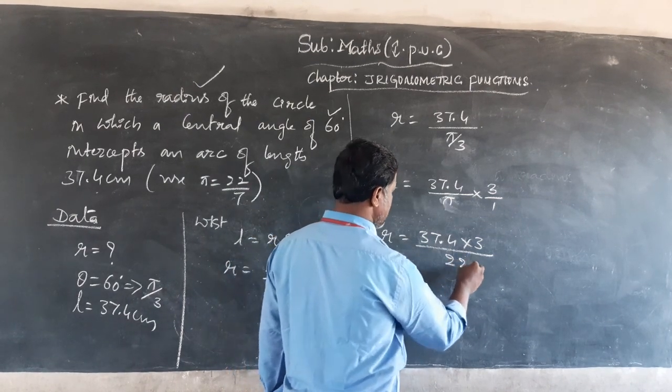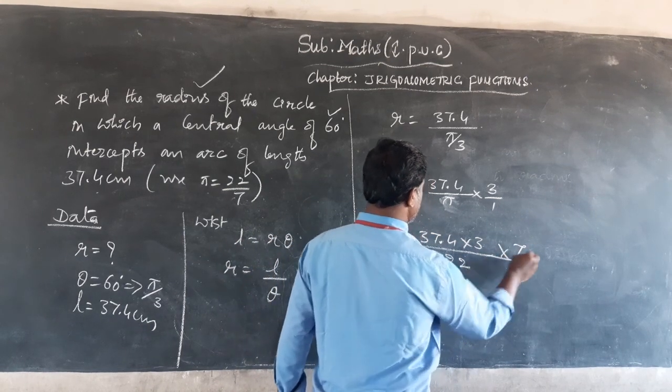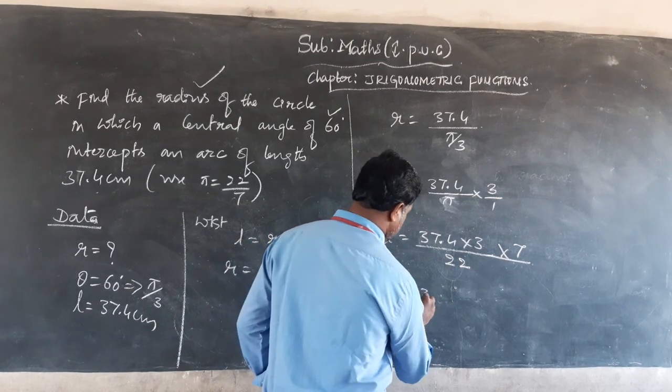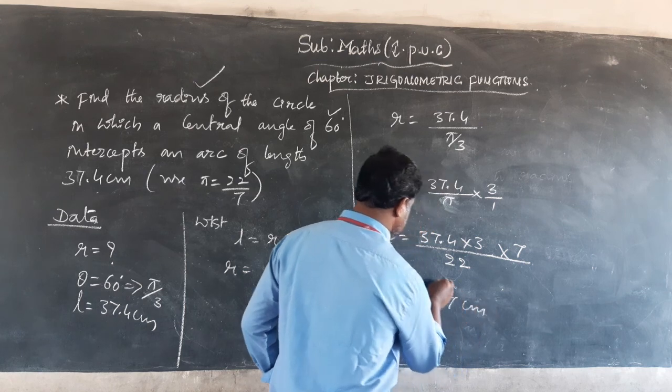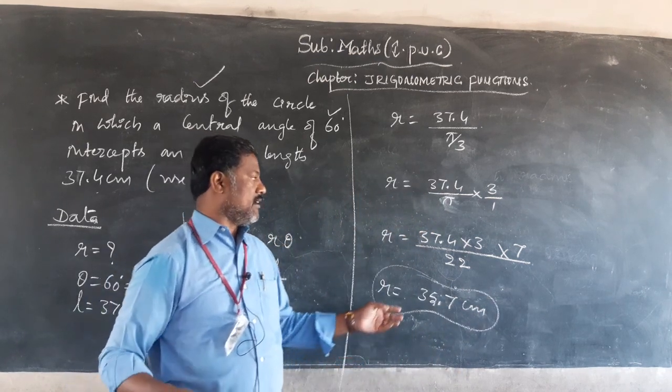Write 22 here, and again 7 to numerator. Okay, children, now use calculator and simplify yourself. You will get the answer, that is 35.7 centimeter. So this is what we call as radius of the circle.